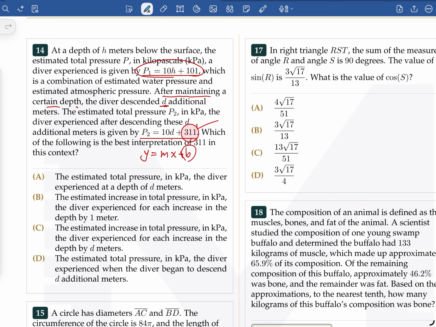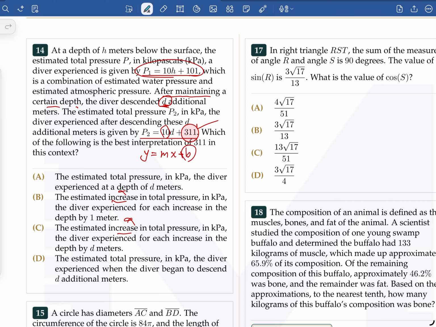So let's look at the options here. The estimated total pressure in kPa the diver experienced at a depth of d meters. No, not a depth of d meters. It should be after d meters. The estimated increase in total pressure, this is not an increase. The increase means the slope, like 10. It's not the same answer. Letter C, the estimated increase also is not a correct answer.